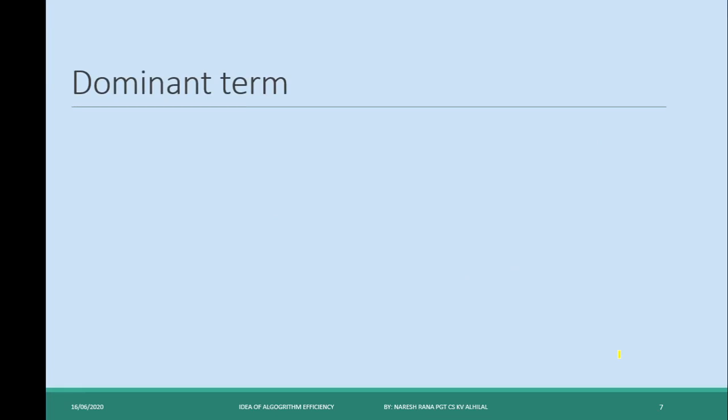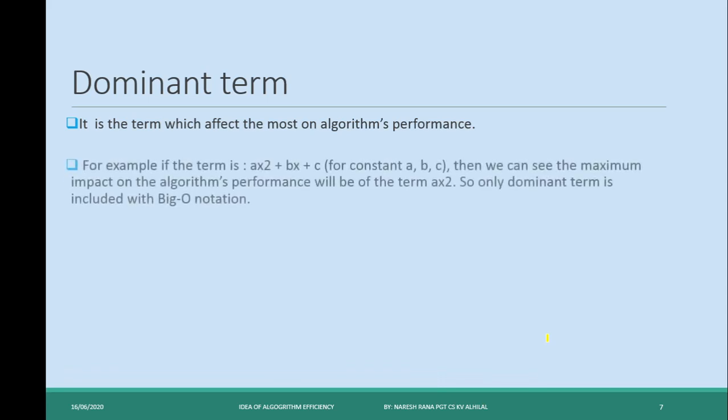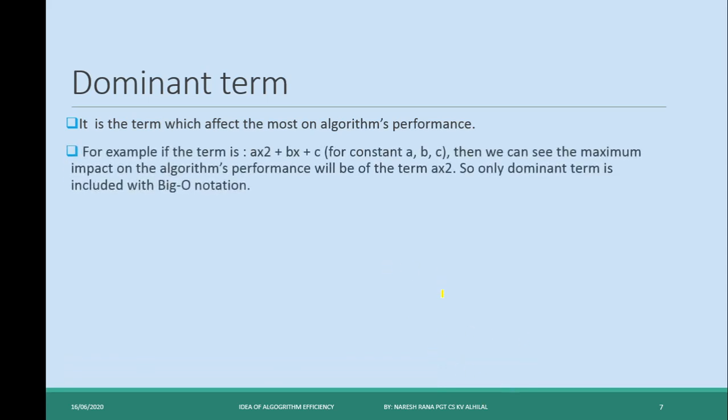So what are dominant terms? A dominant term is the term which affects the algorithm's performance the most. For example, if the expression is ax squared plus bx plus c, for constants a, b, c, then the maximum impact on the algorithm's performance will be from the term ax squared.